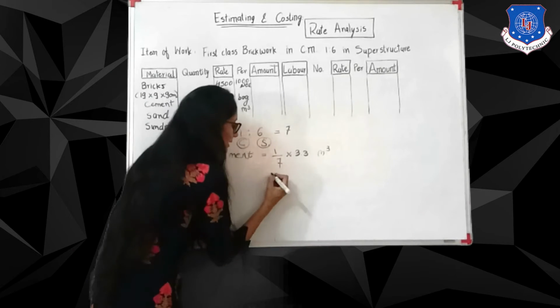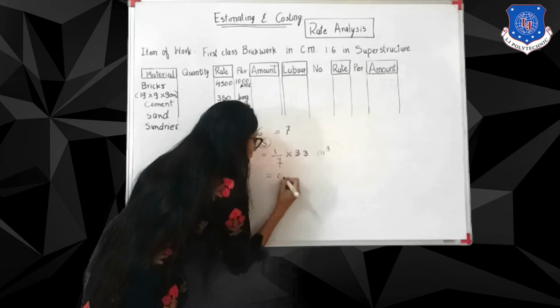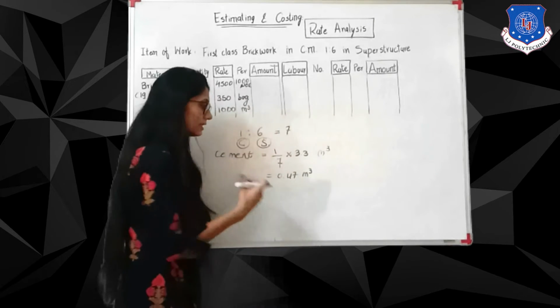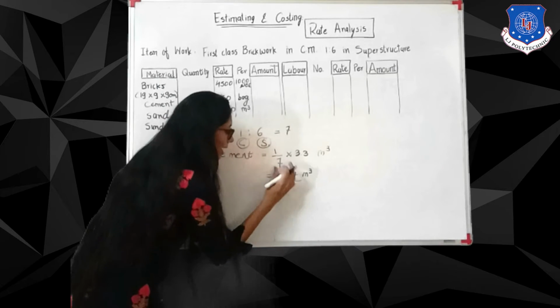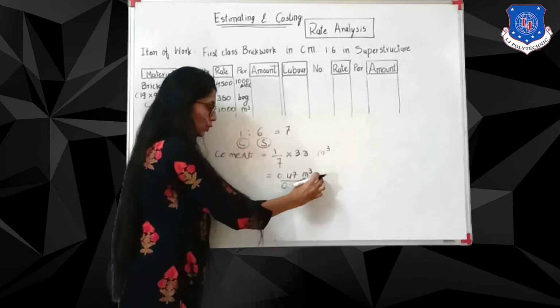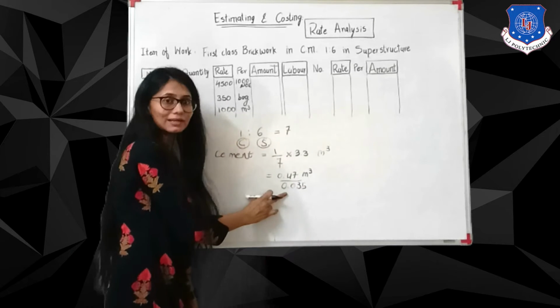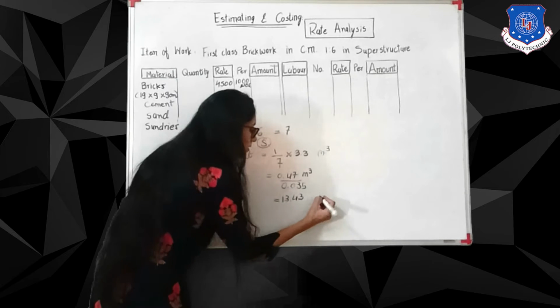Now I'm finding the volume of cement here, 0.47 meter cube. Right now we require the bags for the quantity. So I am dividing this 0.47 meter cube by 0.035, which is the standard for the bags. This will be our final answer.